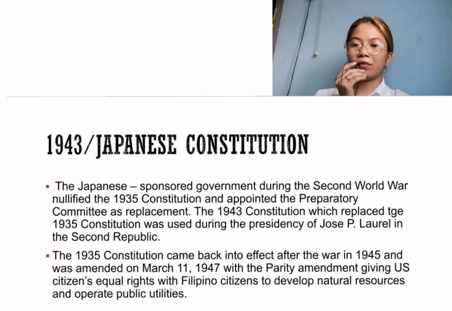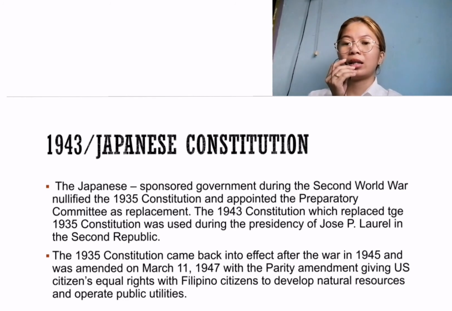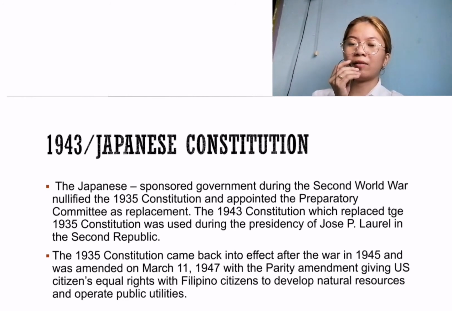On September 4, 1943, Jose P. Laurel, who led the Preparatory Commission, presented the draft constitution. And 3 days after that, Kalibapi had a General Assembly and they ratified or signed the draft constitution. And yan na yung tinatawag na 1943 Constitution na naging Second Republic of the Philippines.